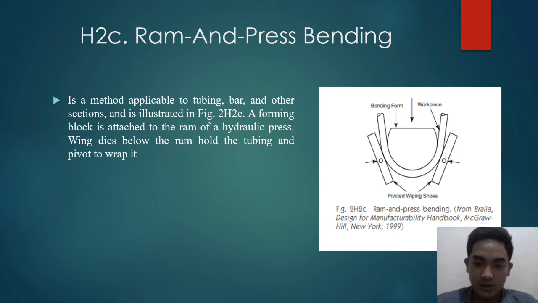Okay, this is a picture of the ram and press bending process. This is a pivoted wiping shoe. This is a punch and workpiece. This is a die.